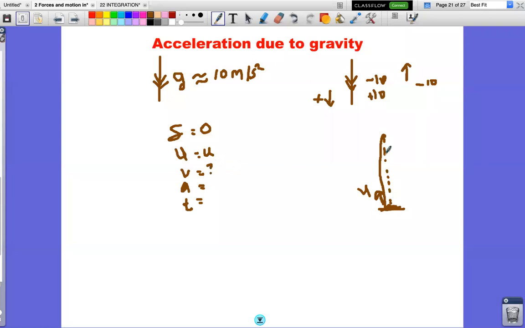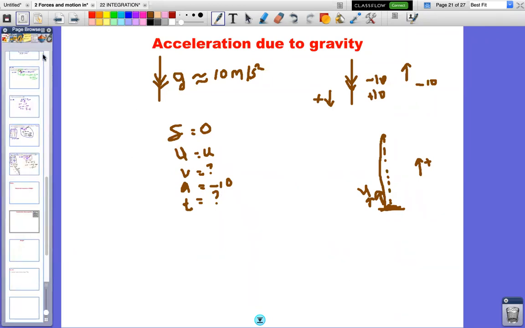Your acceleration, in this case, I will choose upwards as positive because I choose my u to be positive, so my acceleration will be -10. And t, I don't know. So you use the equations of motion to find whatever you are looking for.